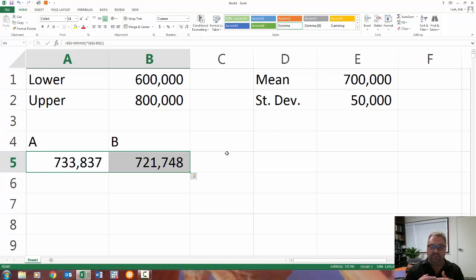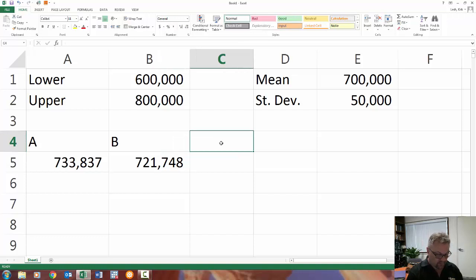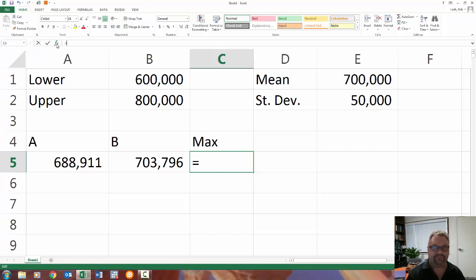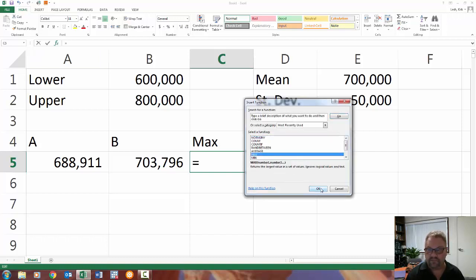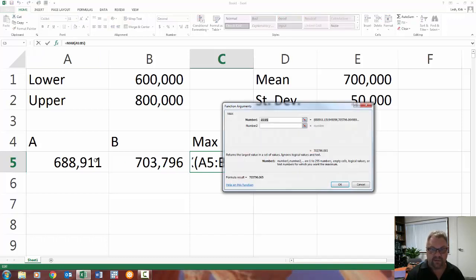So in order to win the bid, your bid has to exceed the maximum of either contractor A's bid or contractor B's bid. So what you need to do is calculate the max. So I'm just going to use that max function. This is the max of these two numbers. Just hit OK.